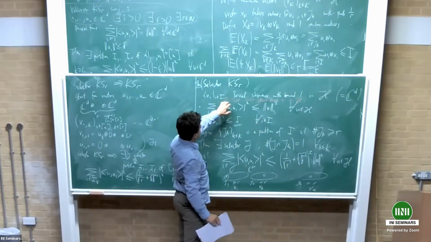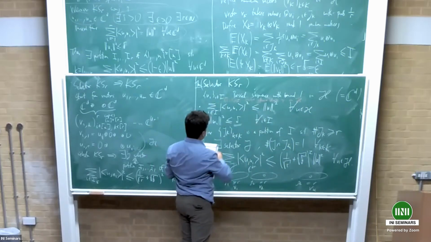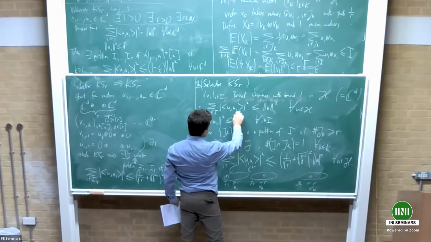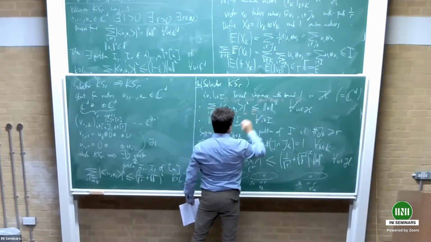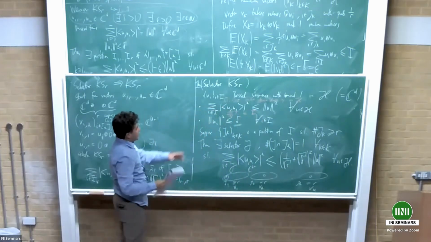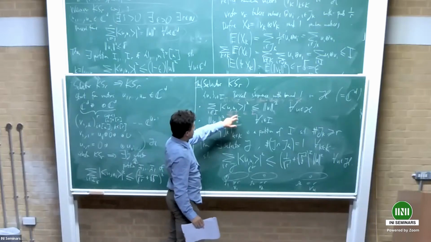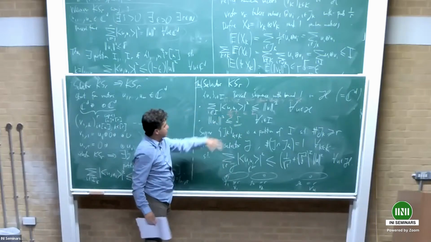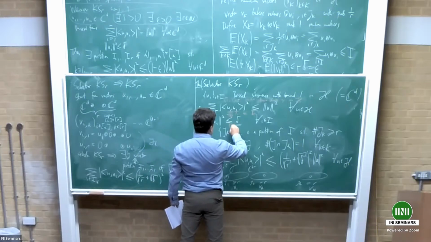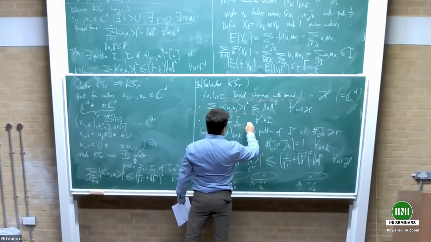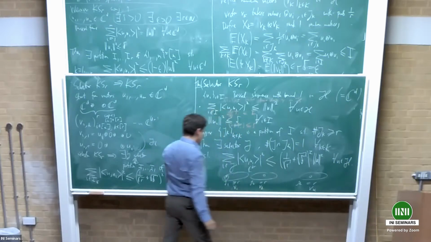This condition that we have here will just say that the sum of T_i, where i goes over I, is less or equal than identity. This is an infinite sum, understood as convergence in the strong operator topology. The condition on the norms will say that the traces of T_i are less or equal than delta.